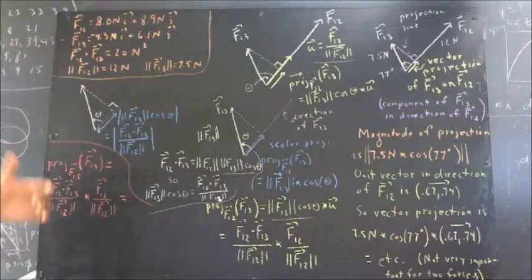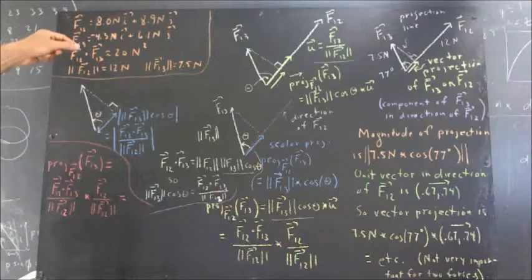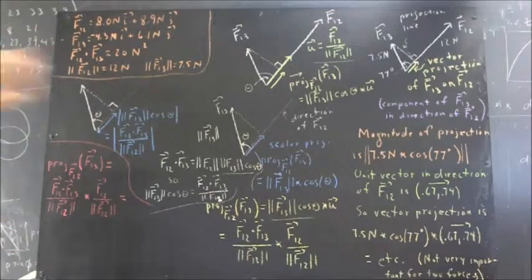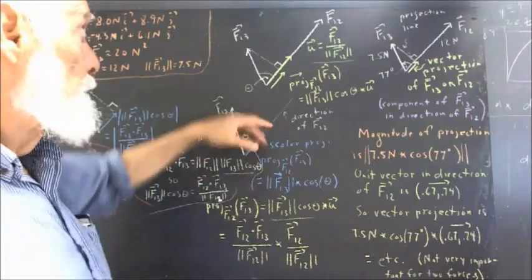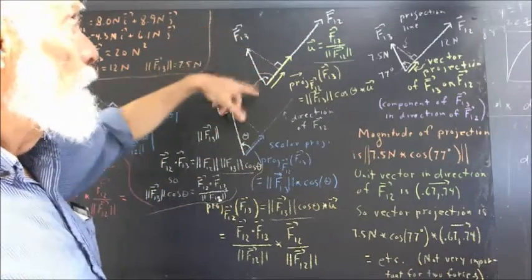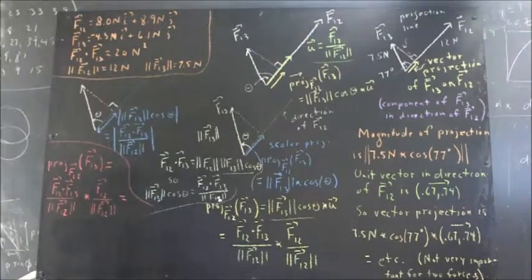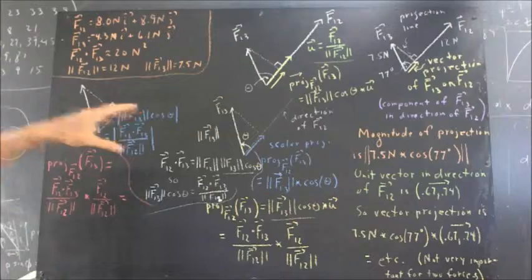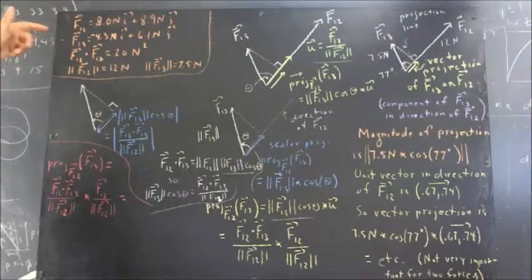So anyhow, we're going to calculate now this projection of the F13 vector on the F12 vector. I'll also mention there's no good reason usually to project one force vector on another, although there could well be, and actually we'll see one. But it's not something you usually do.